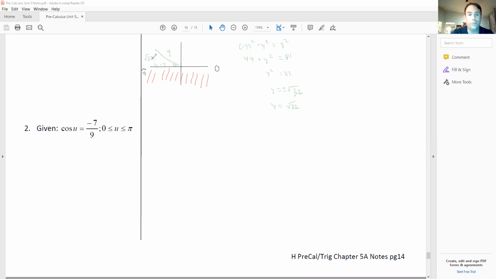All right, friends, so we're going to go ahead and use our formulas here now. So sine 2u equals 2 sine theta cosine theta, or 2 sine u cosine u. Cosine 2u, that would be cosine squared u minus sine squared u.